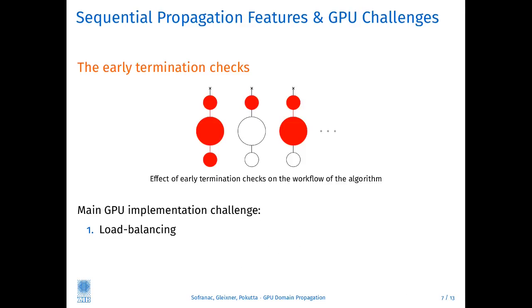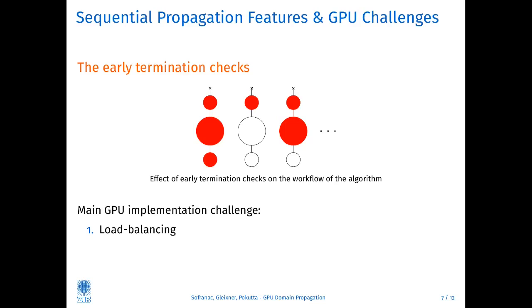Another feature which helped the sequential algorithm avoid redundant work is the early termination checks. I will explain how these work with the help of the figure you see in the middle. As before, the X's represent the non-zeros. The circles represent the steps the algorithm needs to take in order to compute a possible bound change. The size of the circles represents the amount of computational effort each step requires.